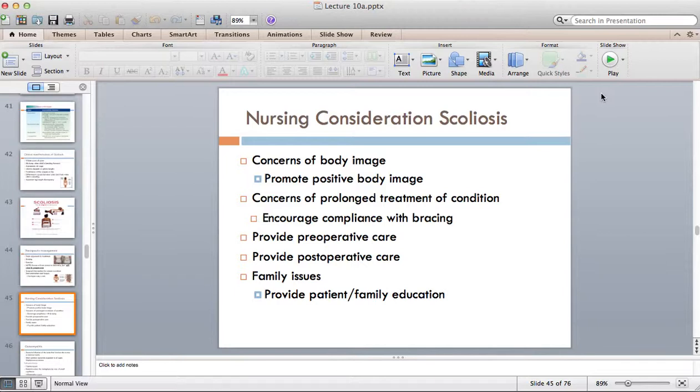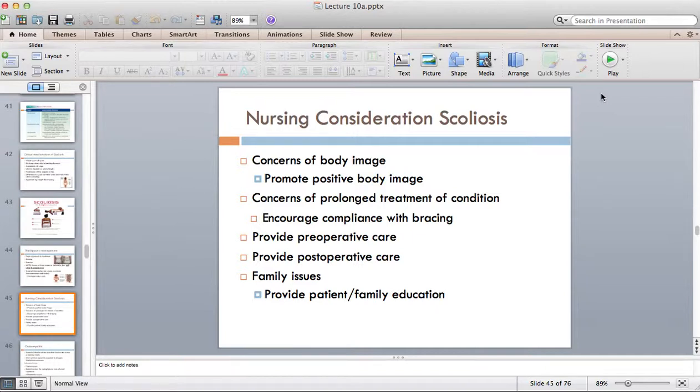Usually the first one they used, there are so many of them, but the first one they used was the Harrington rodding or the L rod, which kind of took the name for the procedure. And what they do is put the rod in place, and then post-operatively they'll still have the person wear the braces.